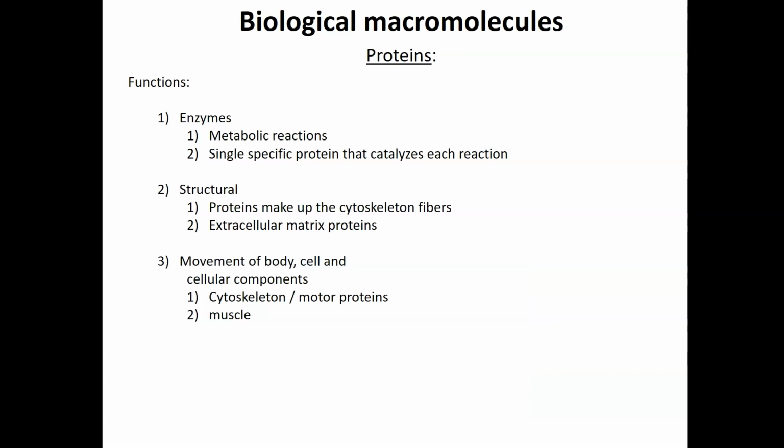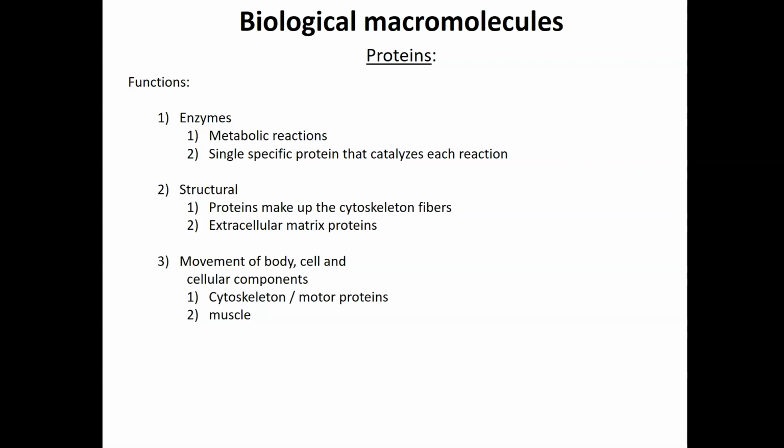The third major function of proteins is in the movement of the body itself, or the cell and cell components. So when we talk about movement of the body, you can think about your muscles. Those are made up of myosin, which helps to provide contractile forces of your muscle cells.